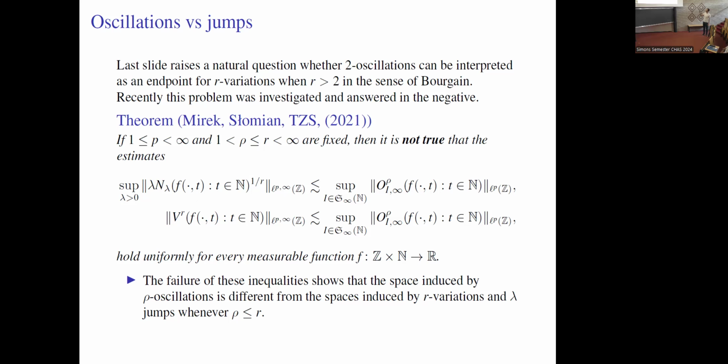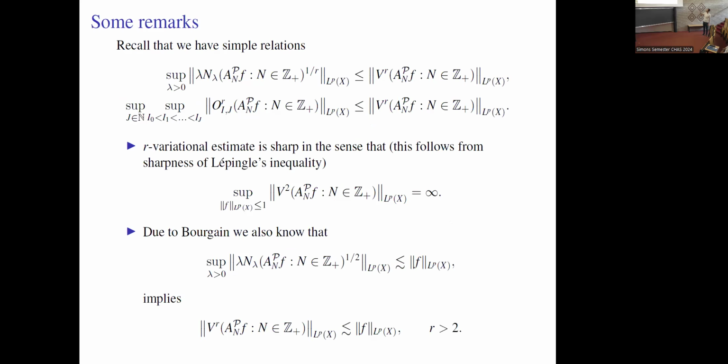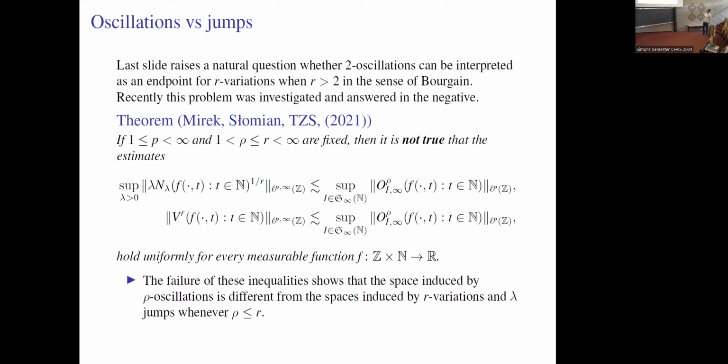So earlier I told you that if we consider LP norm on both sides, then we know that two lambda jumps with parameter 2 imply R variations with R greater than 2, but it is not possible to have a similar thing with oscillations and R variations, as well as with oscillations and lambda jumps.